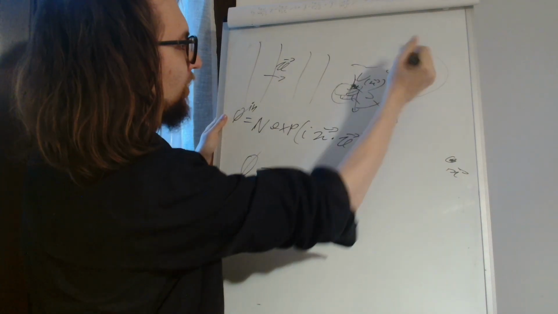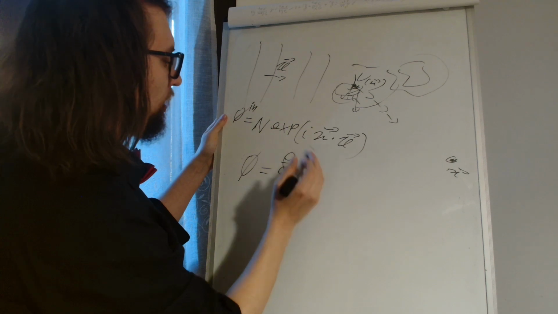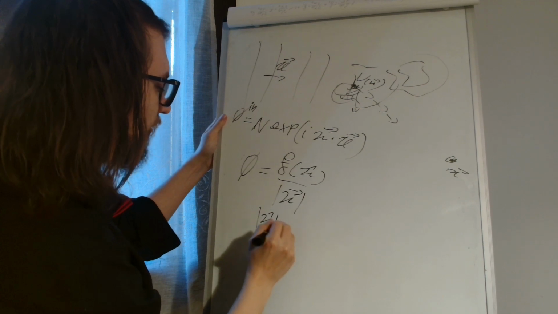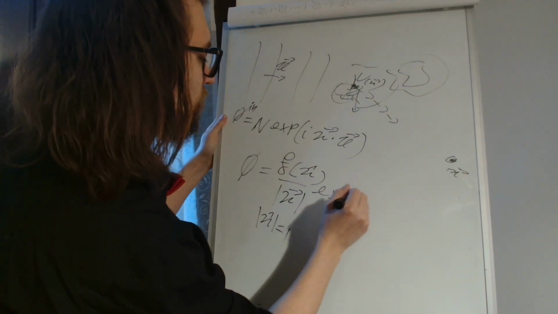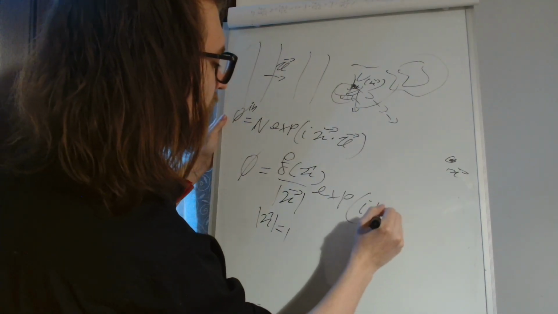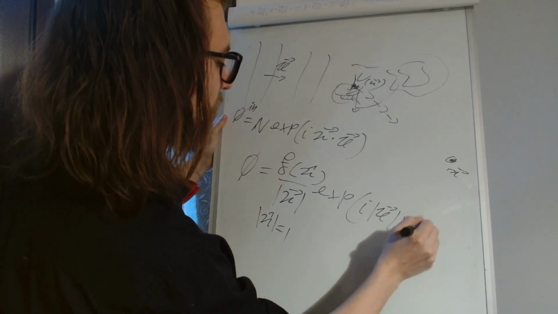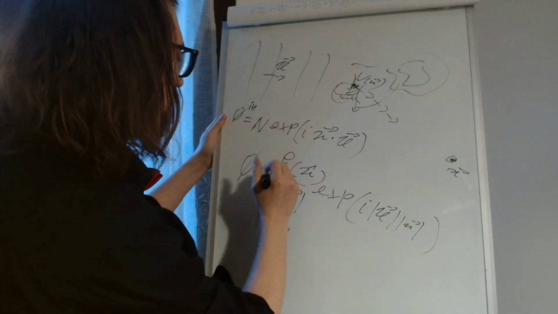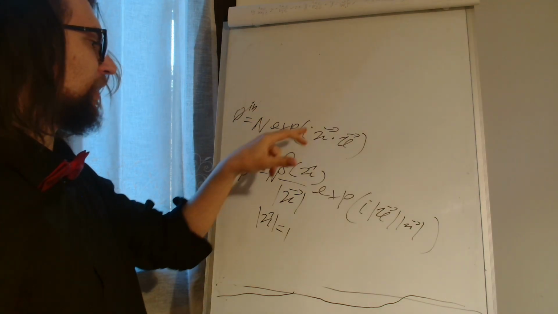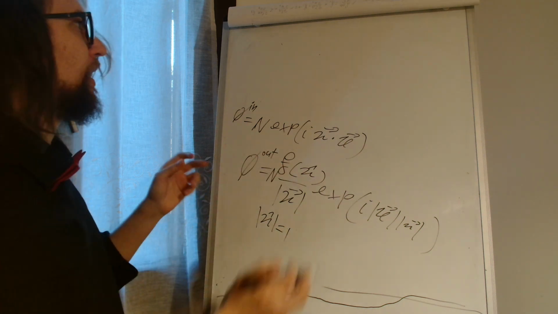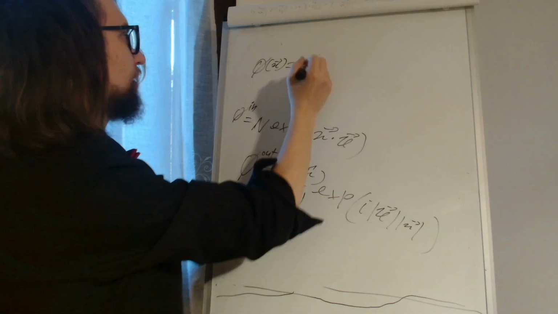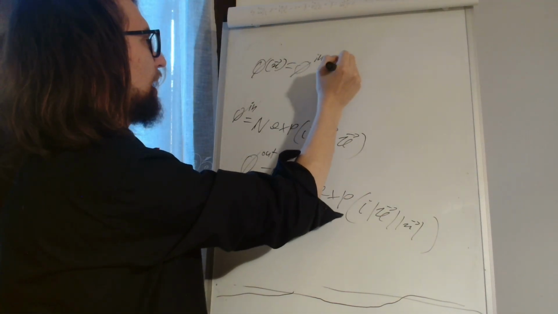So we have a function which depends on the direction, the versor x over the modulus of x, which has modulus 1, and here we have the exponential of the spherical wave, which is i modulus of k modulus of x, and our normalization constant. So this is the incoming plane wave, this is the outcoming wave, and our wave at the point x will be the superposition of the two, so phi in plus phi out.